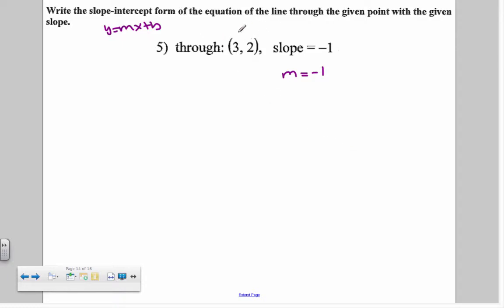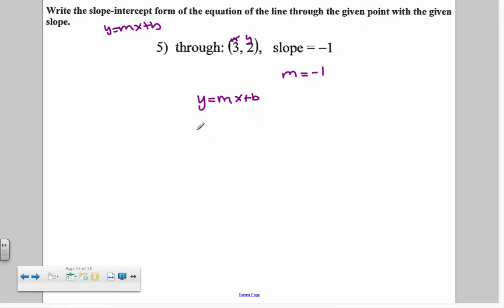But I am given a point. And if I think about this equation, the y and the x in this equation stand for all points that would satisfy that line. So I know that I have one x and one y that I could use in order to figure out what my y-intercept is. So the first thing I'm going to do is plug everything I know into y equals mx plus b.